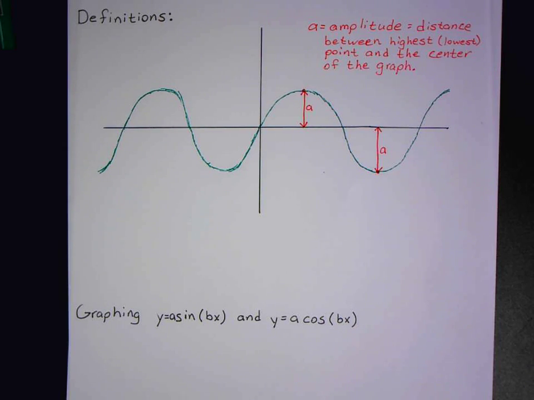So the graph will get shifted around. So if the center's at 3, great, the center's at 3. It's the distance between the top of the graph and 3. Okay, so that's amplitude.